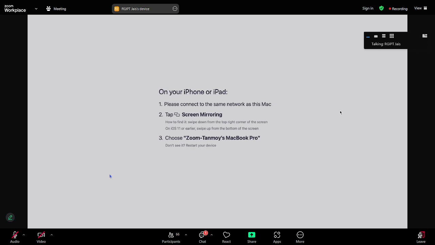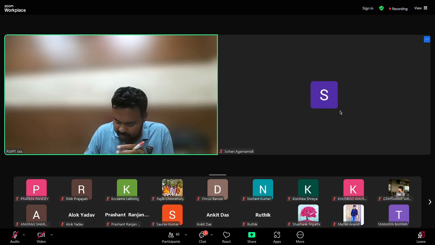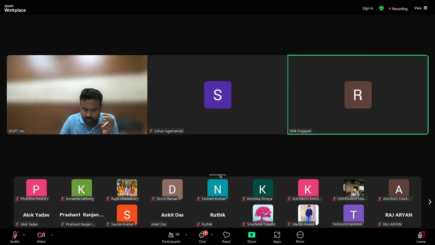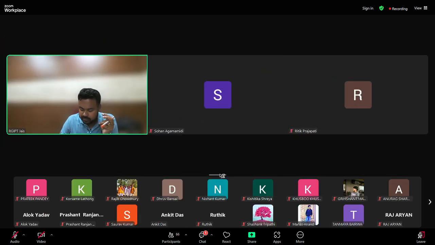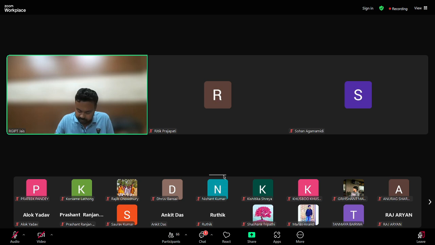Can anyone else confirm what the value will be? Is this correct or not? Yes, sir, this is correct. I got 0. I think this is 0. This question is correct.